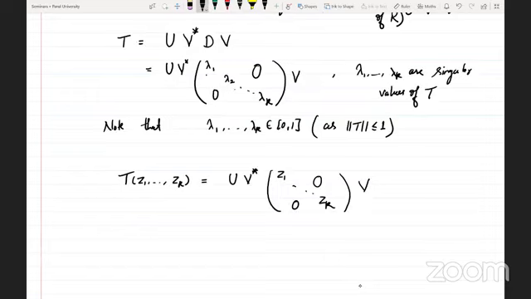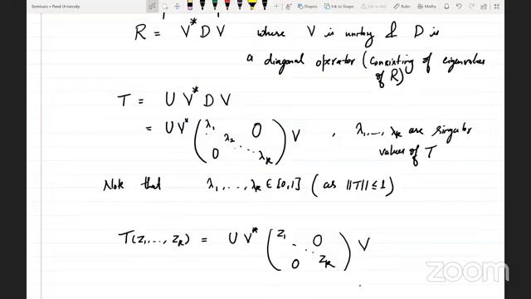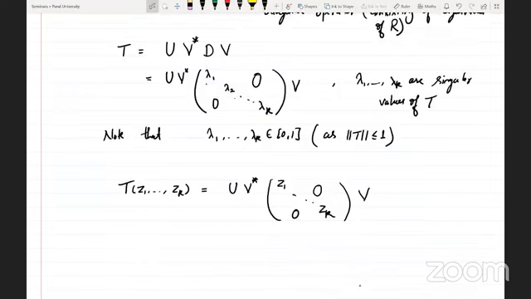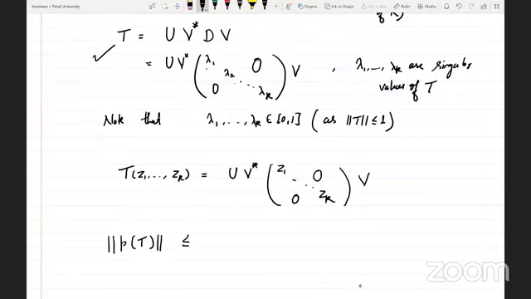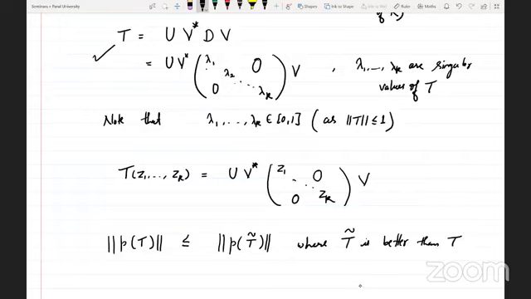The idea is the following. We are interested in this for every T. But what we will do is show that this norm of P at our chosen T is less than or equal to norm of P at something, maybe T tilde, where T tilde is something good, in the sense that it is better than T, because it will be easier to compute.